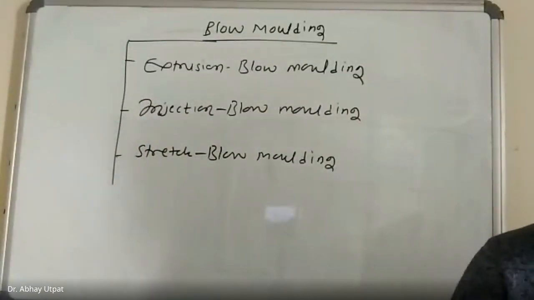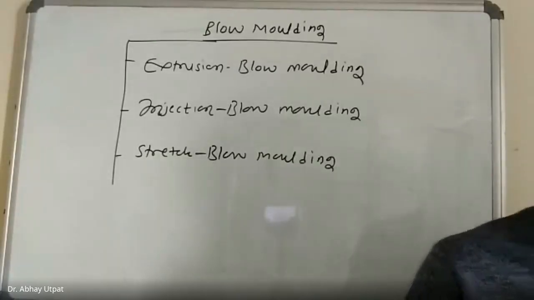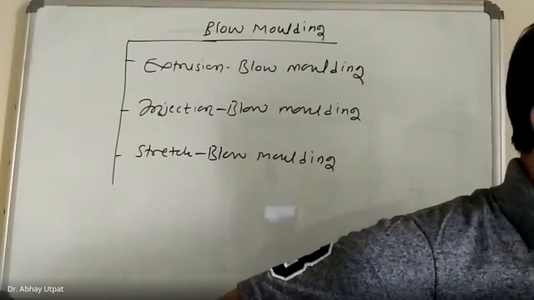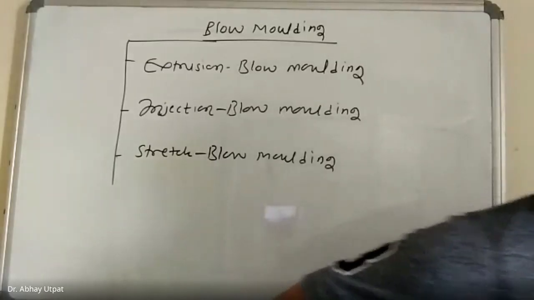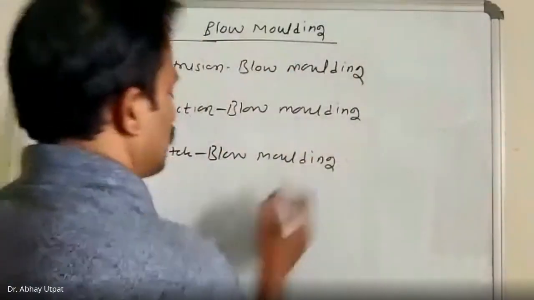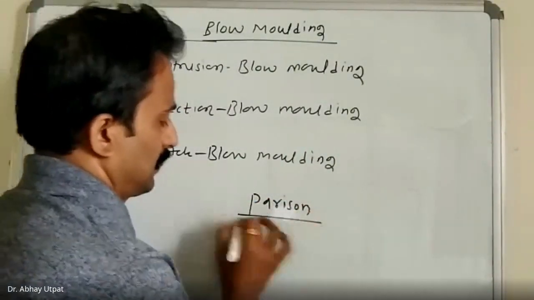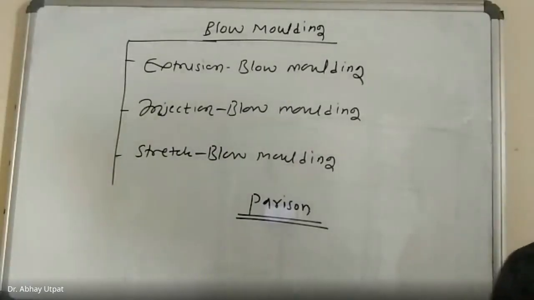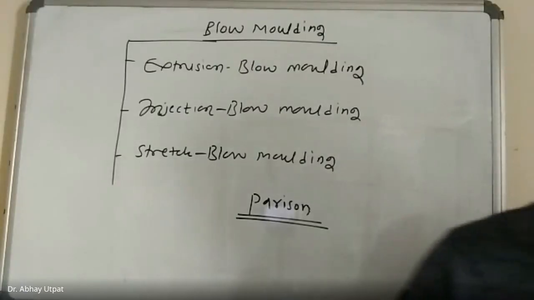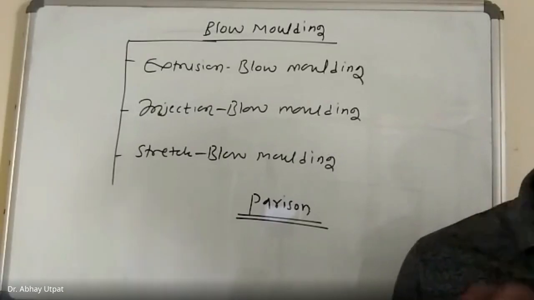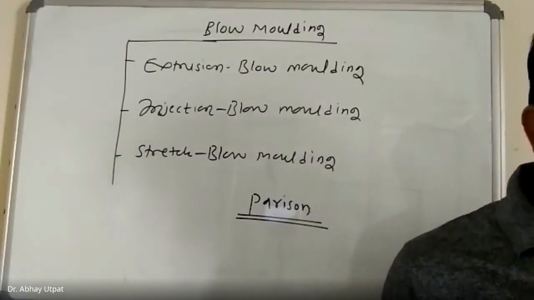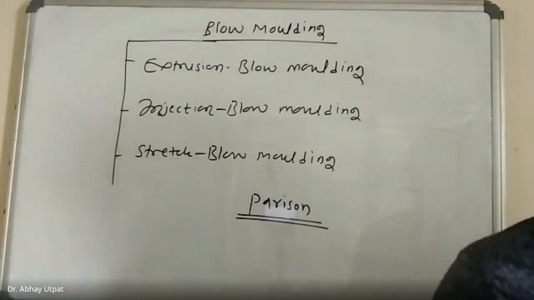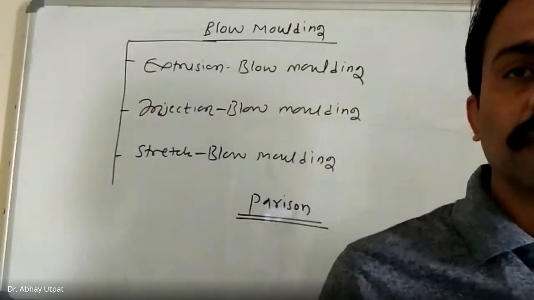It is the process of inflating, means swelling, a hot hollow thermoplastic preform, in bracket parison, that is called parison, inside the closed mold, so that its shape conforms to that of the mold cavity.